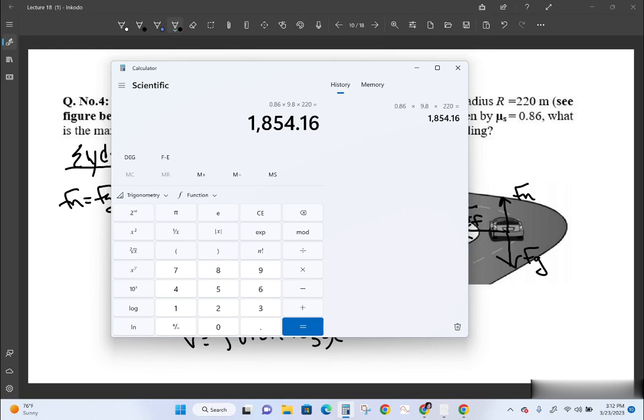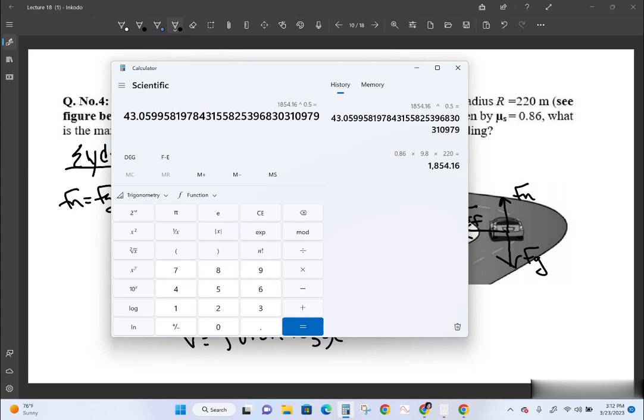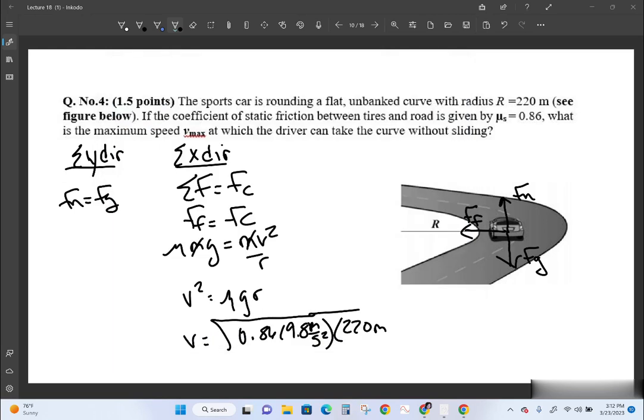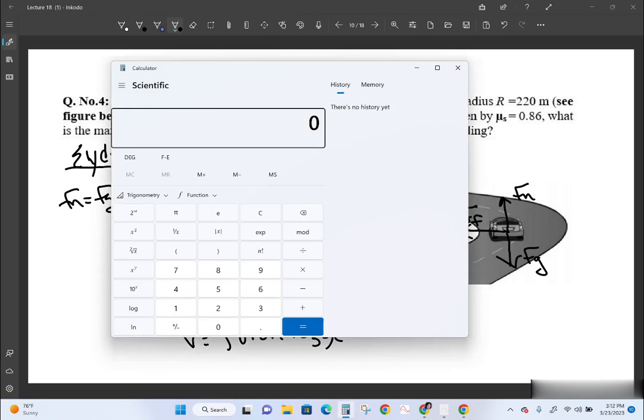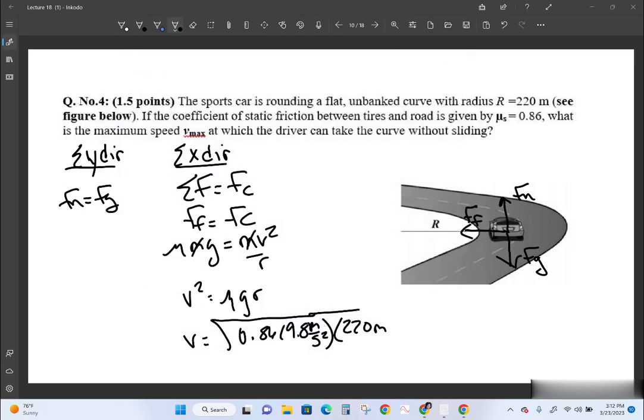Well, another way to do square root is to take x to the 1/2. So if I press x and then raise it up to the 1/2, that will give me the square root, which is 43.5, I think it said. I might be wrong about that, but it was 43 meters per second. So this is about as fast as you can take that curve.